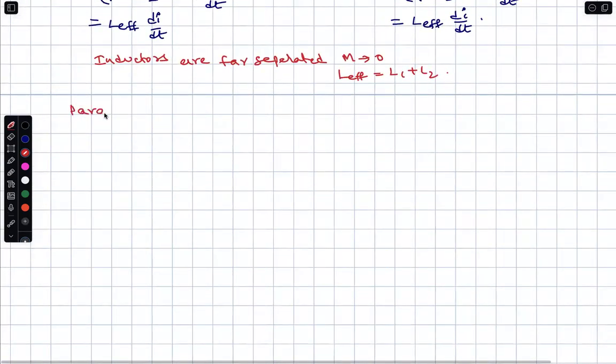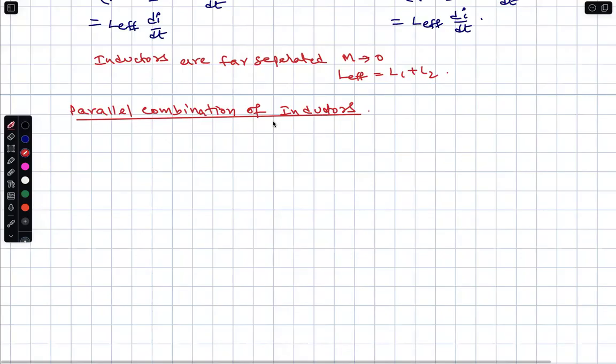Parallel combination of inductors. Right. So let us take one such example where you have parallel combination of inductors.